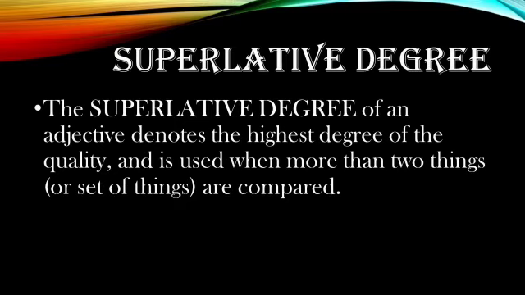But here it is the highest degree of quality, not higher. Okay, higher is your comparative degree, but this is your highest degree of quality, and here the comparison is made when you have more than two things or sets of things.